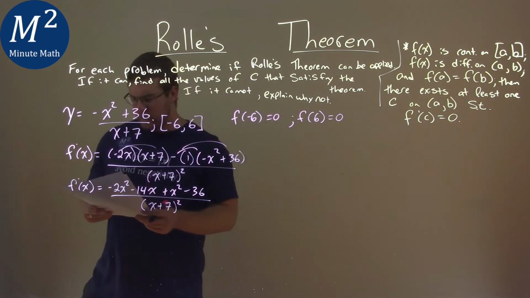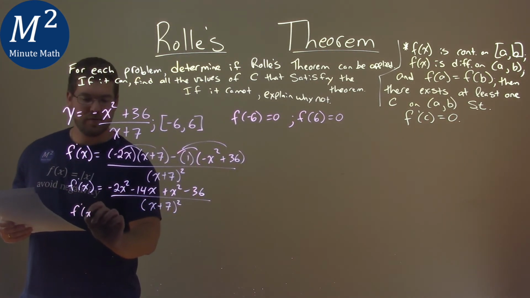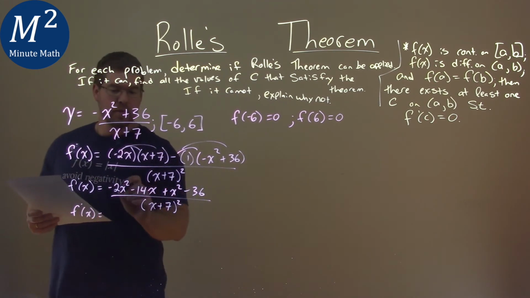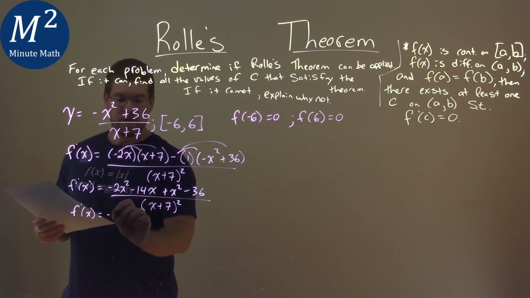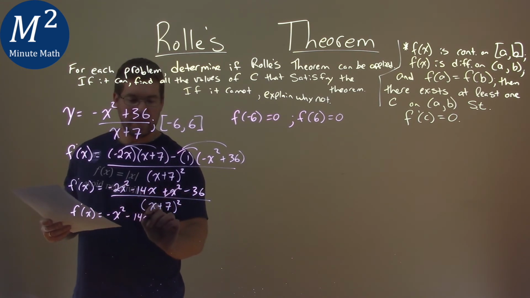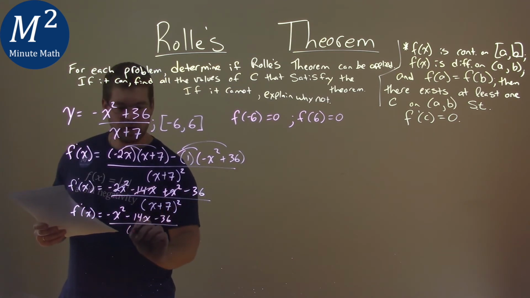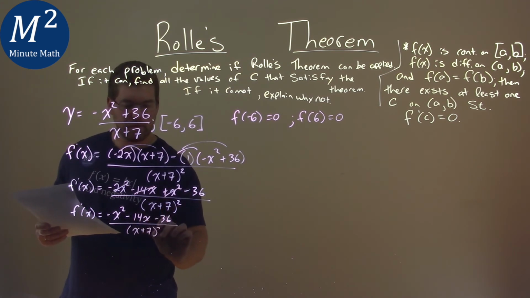Okay, so now let's simplify what we can in our numerator. Combine our like terms. f prime of x is equal to, well, -2x squared plus x squared is -x squared. No other x's, so minus 14x here. And then minus 36 all over (x plus 7) all squared.